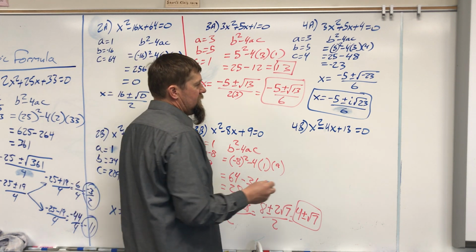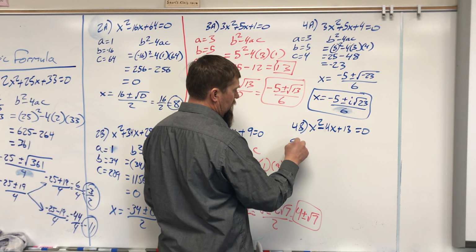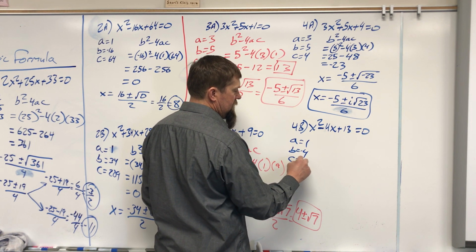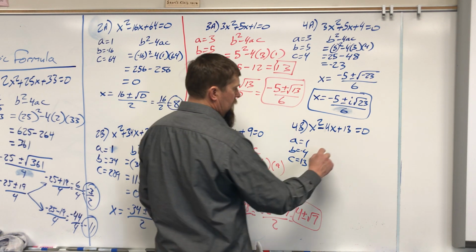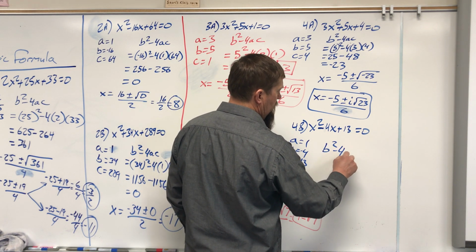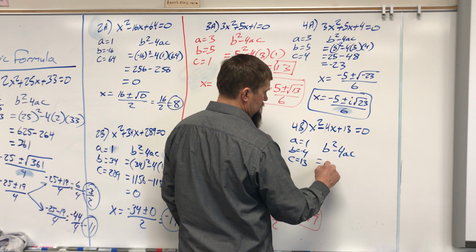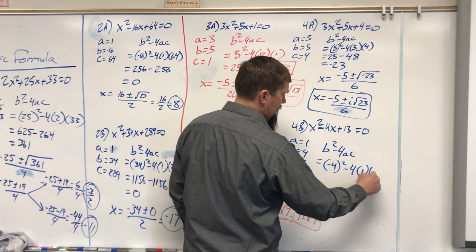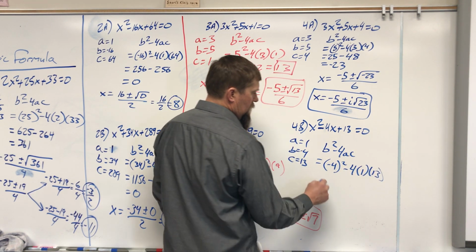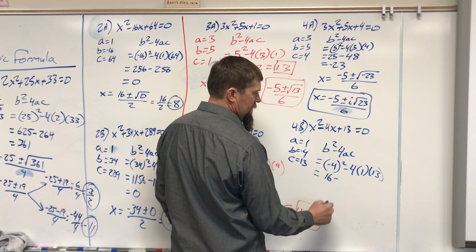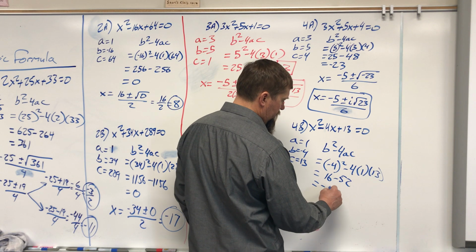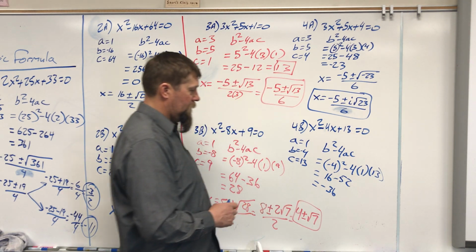Okay, in this one, it's going to be very similar. A equals 1, B equals negative 4, C equals 13. We have B squared minus 4AC. So that is negative 4 squared minus 4 times 1 times 13, which is 16 minus 52, which is negative 36.